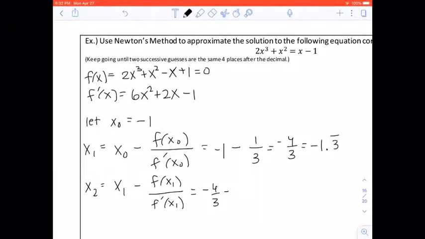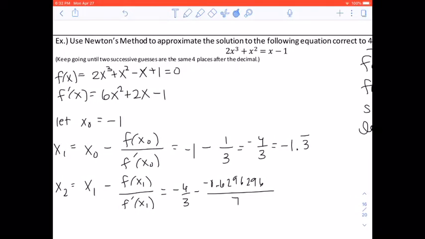So if you substitute -4/3 into your function, a lot of calculator pushing here, we get -0.6296, all divided by, substituting into your derivative, you get 7. When you keep working this out, we arrive at -1.24336.